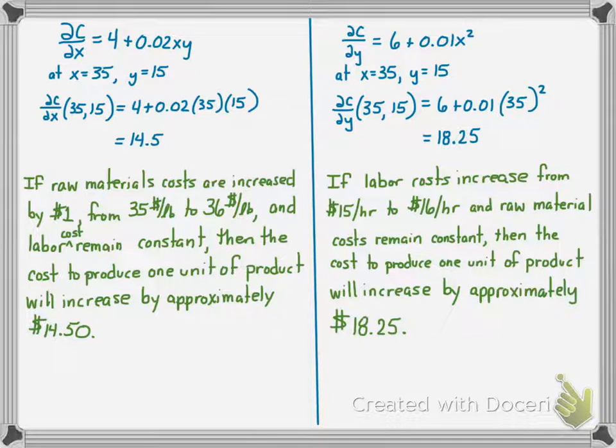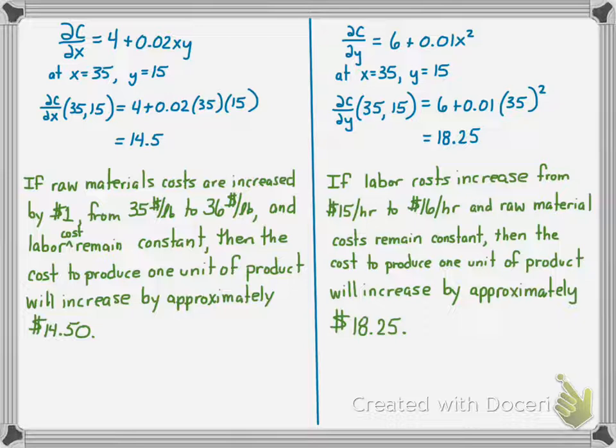Okay, so if, let's say, minimum wage is raised from $15 per hour to $16 per hour, how will that affect the cost to produce 1 unit of your company's product? The answer is it's going to increase the cost to produce 1 unit of your company's product by $18.25.